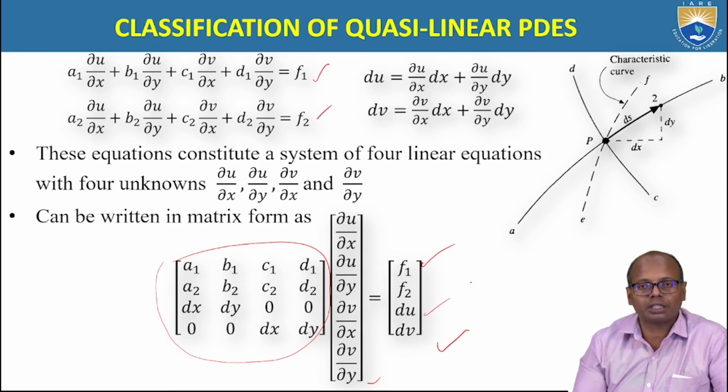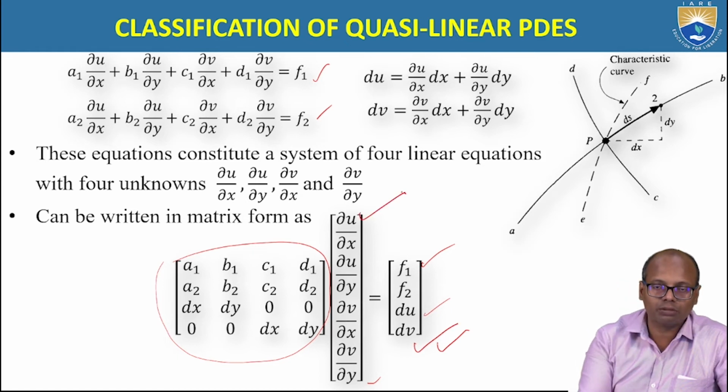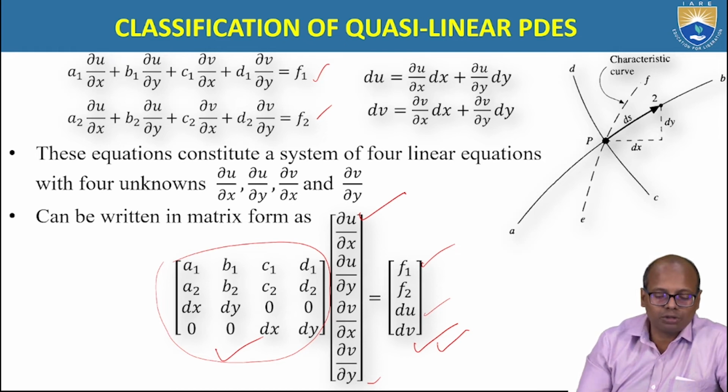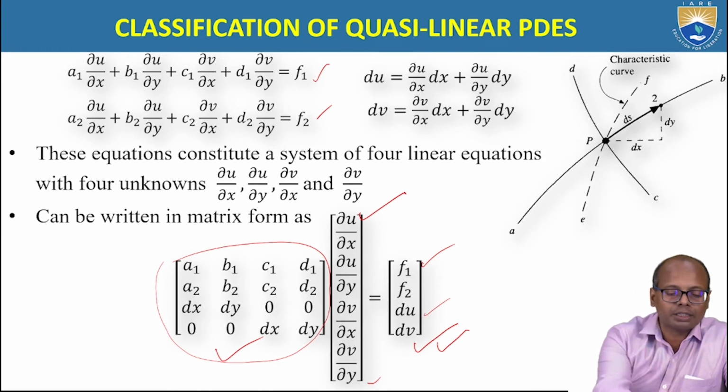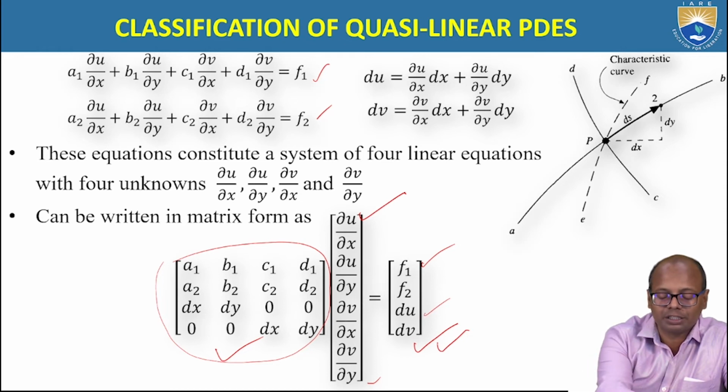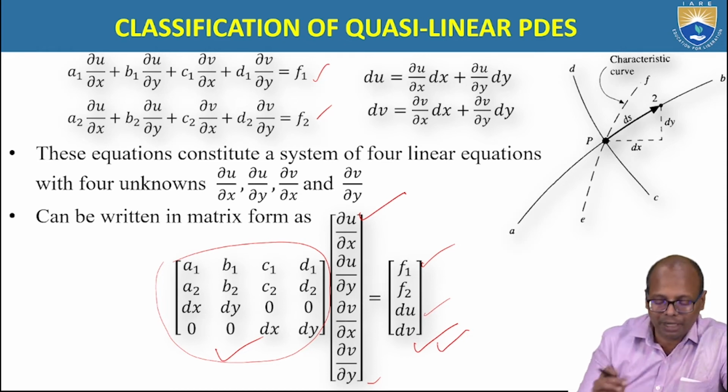This is one column vector, and this is another column vector, and this is a 4 by 4 matrix. So what we have done is, we have considered two quasi-linear partial differential equations in terms of u, v, x, y, and we have taken the concept of total derivative, and we got two more equations, du and dv. Using these four equations we have formed the matrix. We have expressed all these four equations in the form of a matrix.